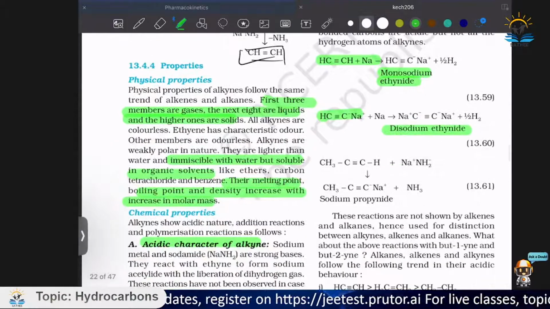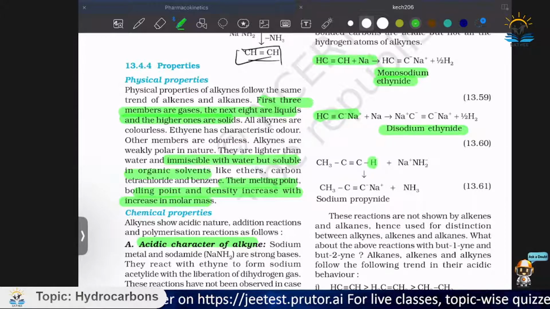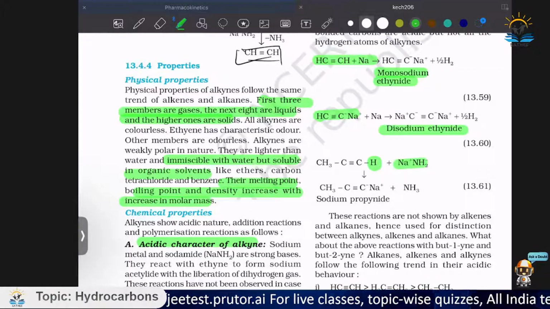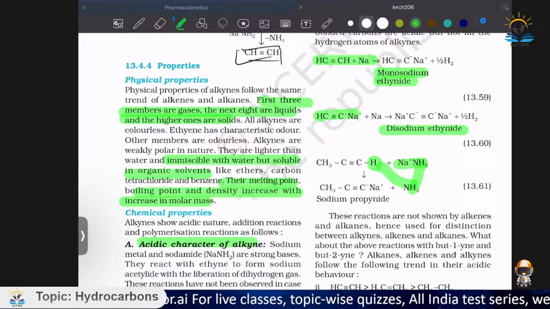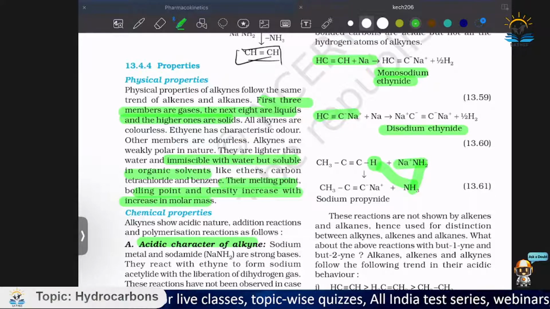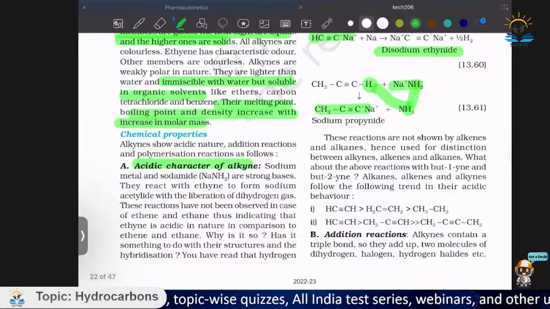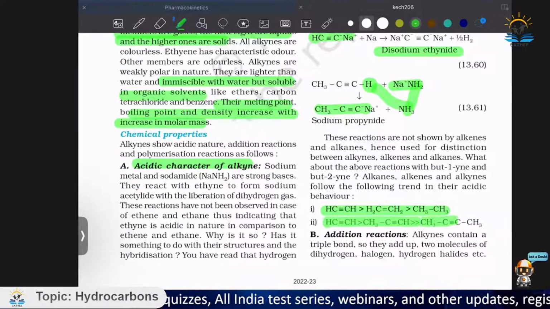Now, if you give sodium, nothing will happen. The next example is if you give NaNH2 to the acidic hydrogen, NH2 and hydrogen will combine to create ammonia, and you will get a sodium salt, sodium propynide.